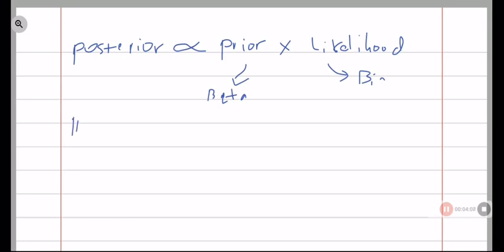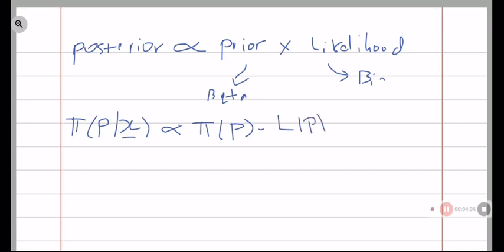So we define the posterior as the probability of P given we observed the data x. That will be proportional to pi of P times L of P given x.